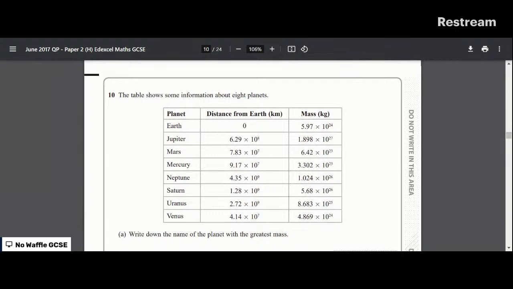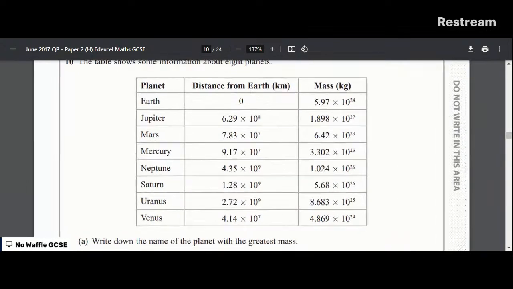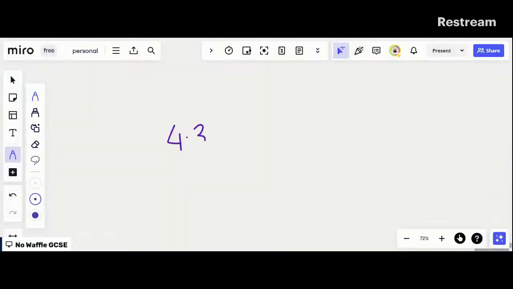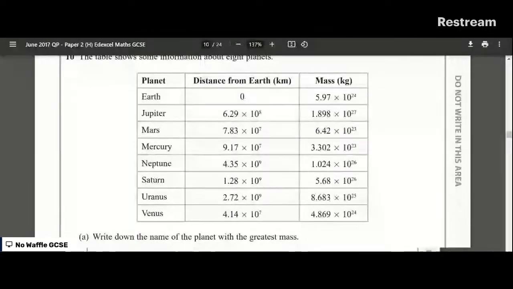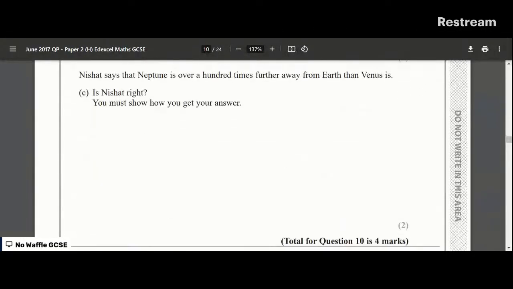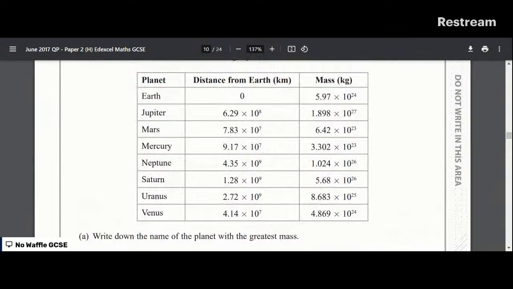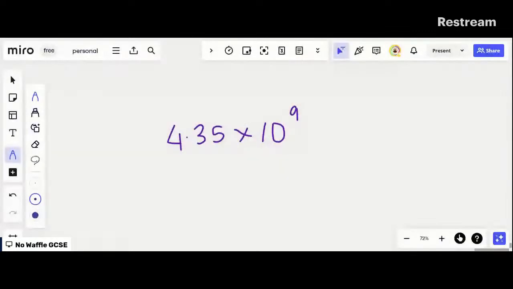So Neptune is 4.35 times 10 to the 9. Okay, and then we've got, what are the 2 places? Venus. So Venus is 4.14 times 10 to the 7.